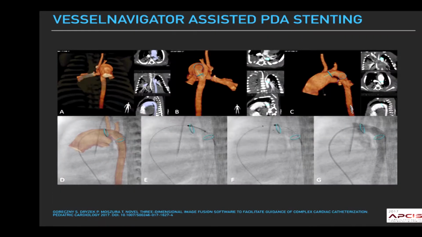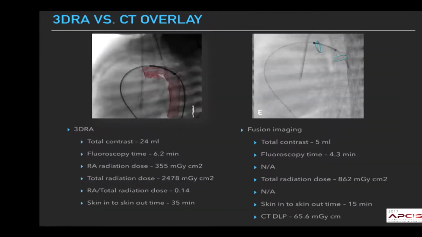If we go a step further, that's the last case I presented yesterday. So if we have pre-catheter CT or MRI, we can use it to guide our intervention. And here I want to focus on the benefits of that. So if we compare contrast administration usage, for example, 5 milliliters versus 24 milliliters for ductal stenting in similar size patients.